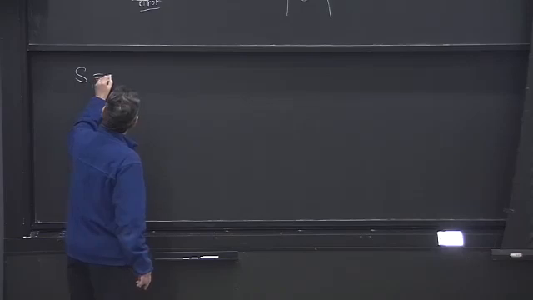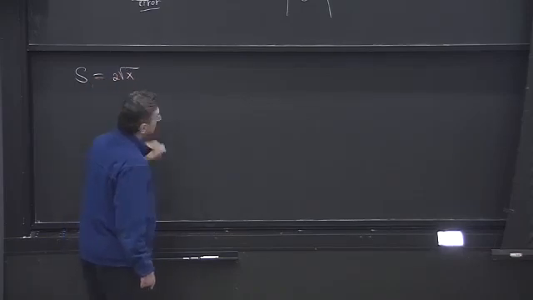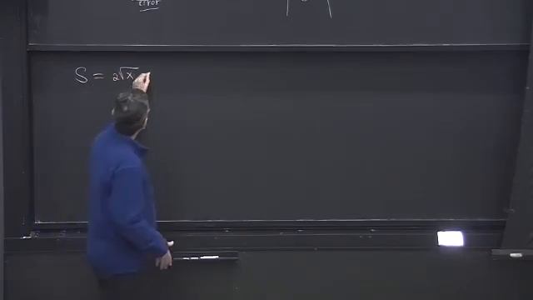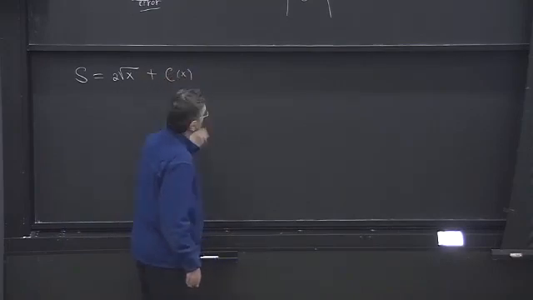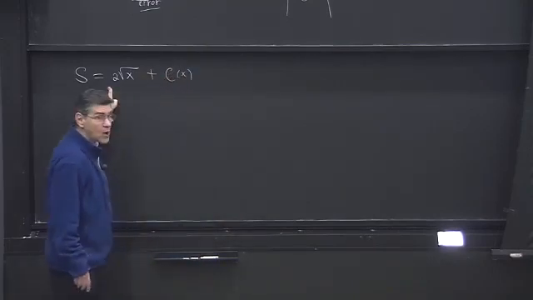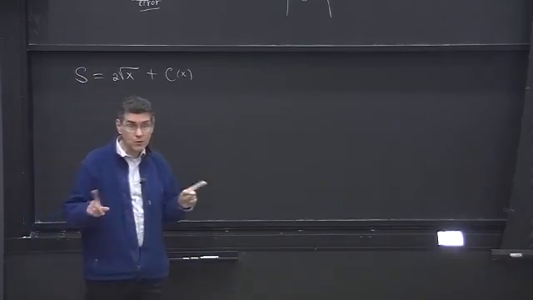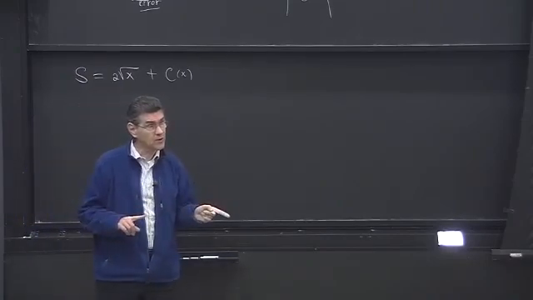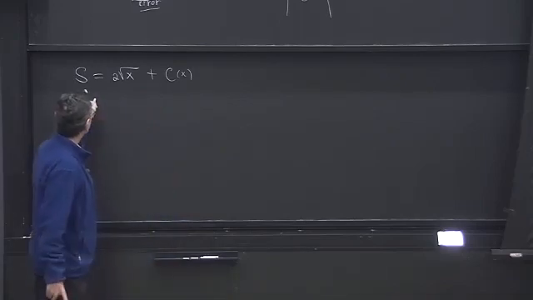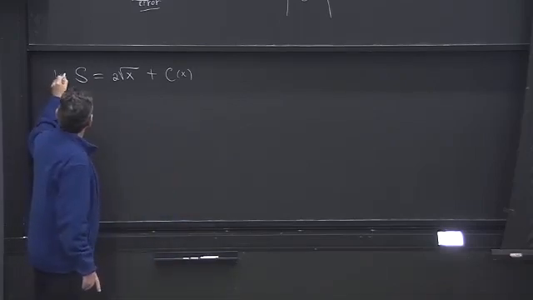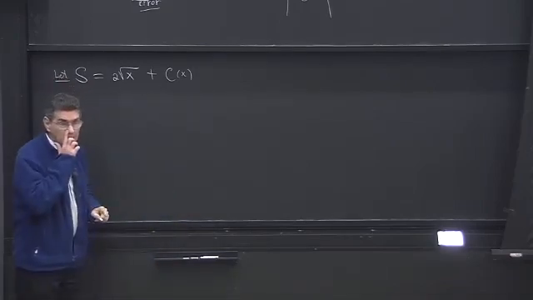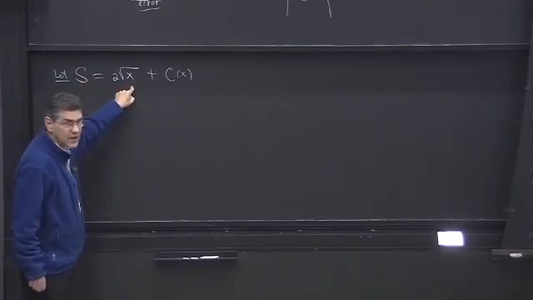We know that s is going to be equal to 2 square root of x plus a correction term c of x. Notice this is an equality. So we're jumping back and forth between equal signs and asymptotic signs very, very carefully. Okay? So we say, let s equal this, but we know that s is asymptotic to that.